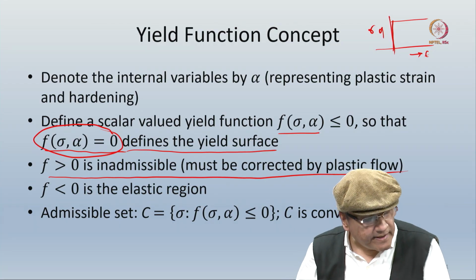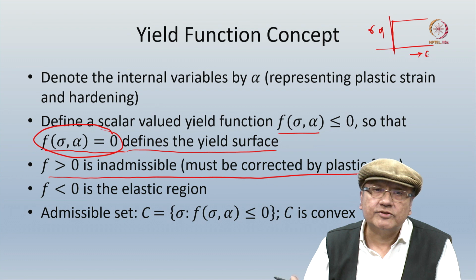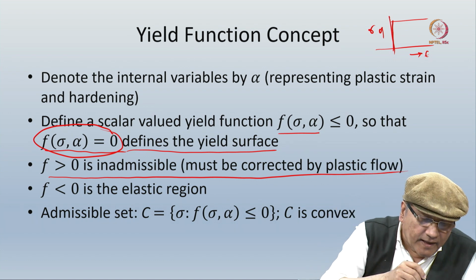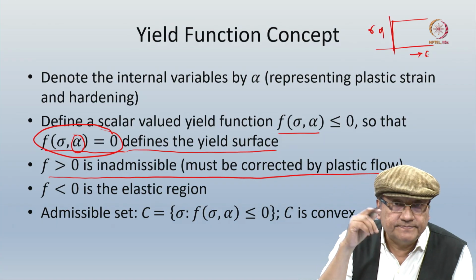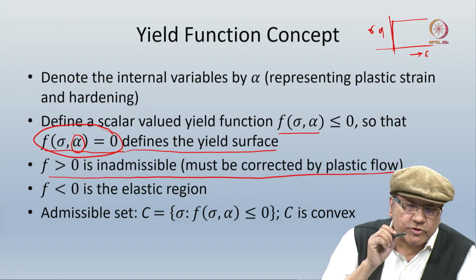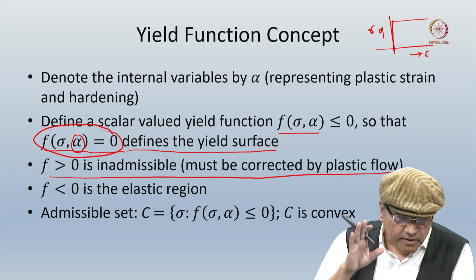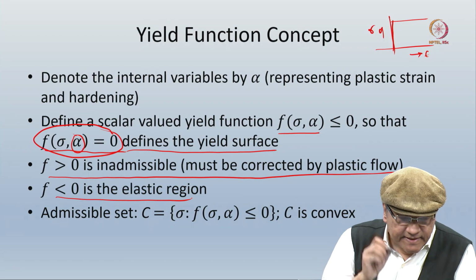In this scenario, because there is a very strict separation of the reversible and irreversible regimes, f greater than 0 is not admissible. Any stress which produces f greater than 0, or any alpha that produces f greater than 0, is not admissible. Let us talk about stresses here. The stresses for which f of sigma is greater than 0 are inadmissible. f less than 0 is the elastic region.